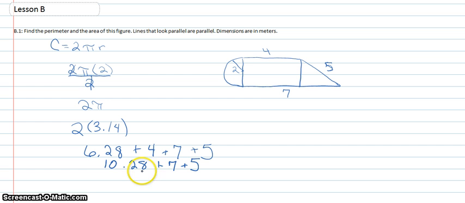Then we'll add 10.28 plus 7, so that'll be 17.28 plus 5, which is 22.28. And in our instructions it says that the dimensions are in meters, and this is just perimeter, so we just have to label that in meters, and that is our answer.